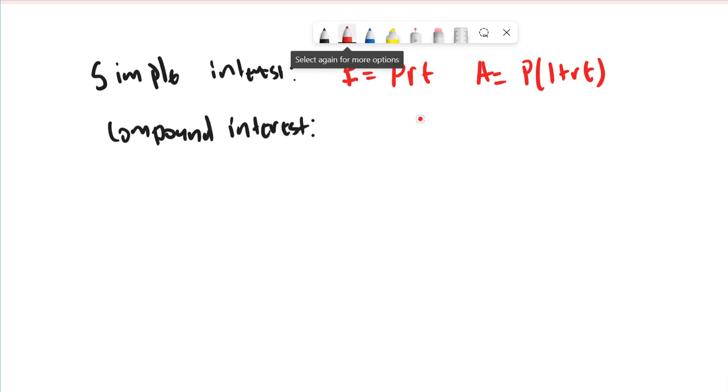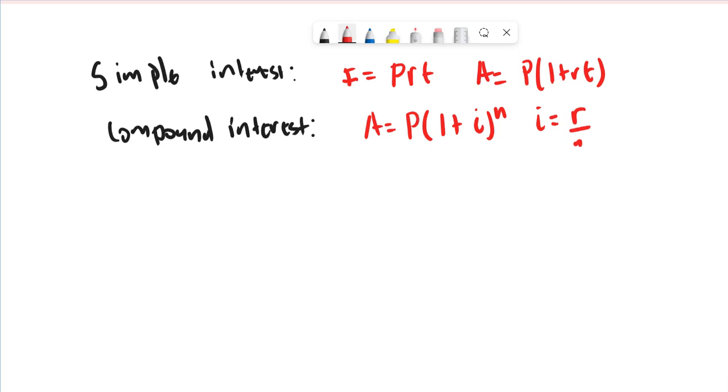So you have that the future value with compound interest is a principal amount times 1 plus I raised to the n. Now, I is actually going to be the interest divided by a period, and n is going to be the total periodic payments, m times t.